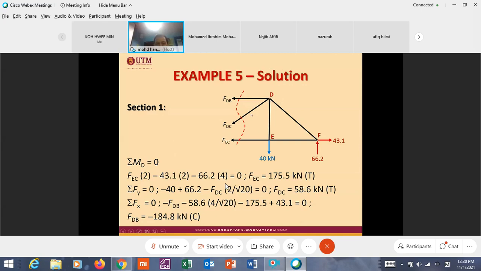Because if you choose D, this force goes towards D. That means from this first rotation equation, you can straight away determine FEC. Once you know FEC, it is easier to calculate FBD and FDC from the second equation.